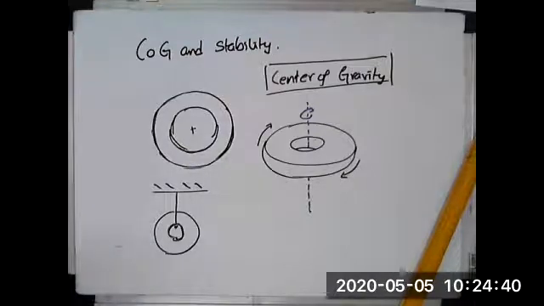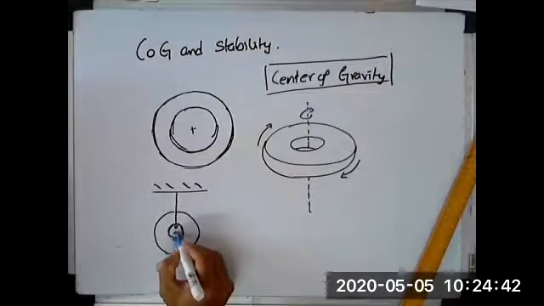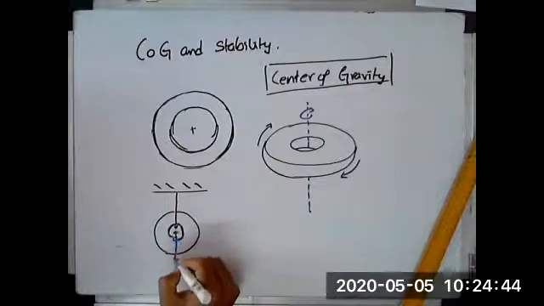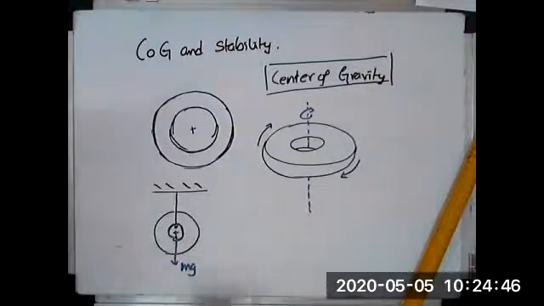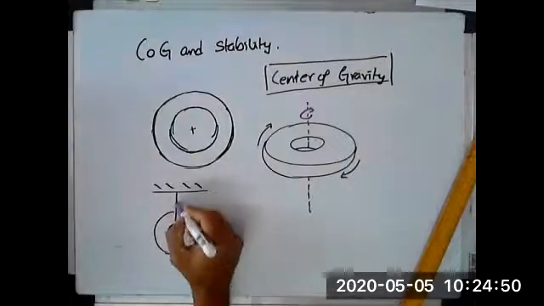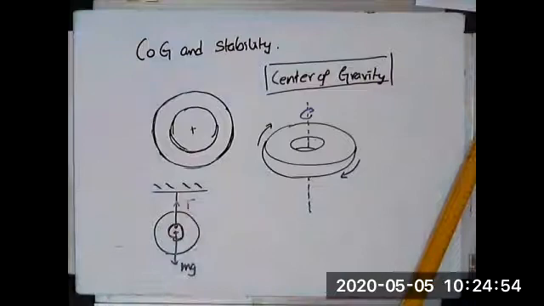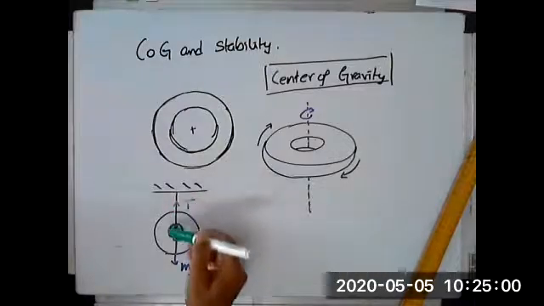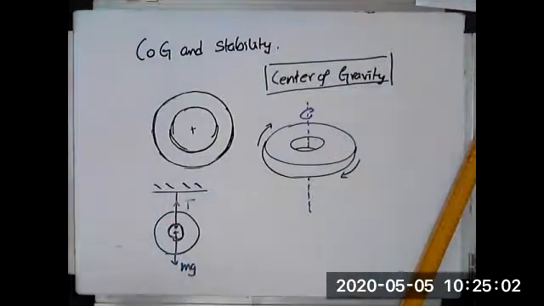So the gravitational force from the center of gravity is obviously acting in this direction, and the tension which is providing the support is acting in the other direction. Which means that the line of action of the force passes through the center of mass. So therefore it is supporting that center of mass.